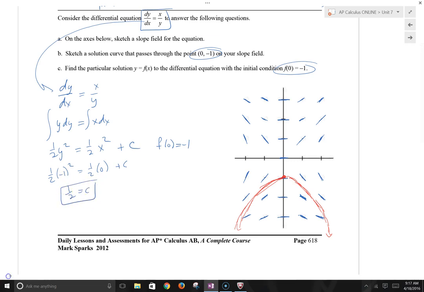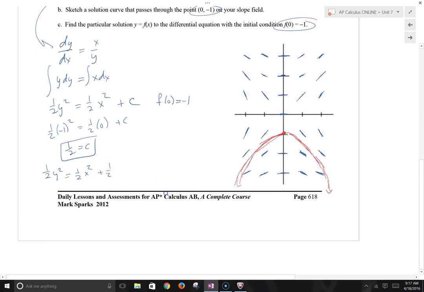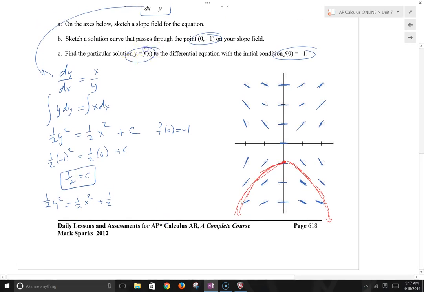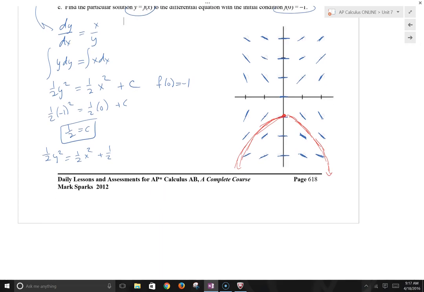That's a good start. So we have 1/2 y squared equals 1/2 x squared plus 1/2. And in order to get this into y equals form, we need to solve for y. So multiply everything by 2. Running out of room. So we get y squared equals x squared plus 1.